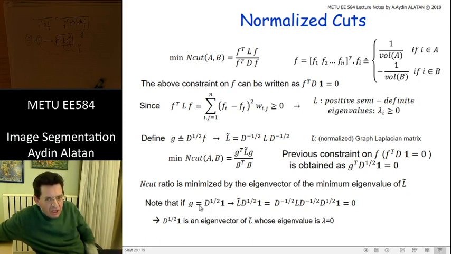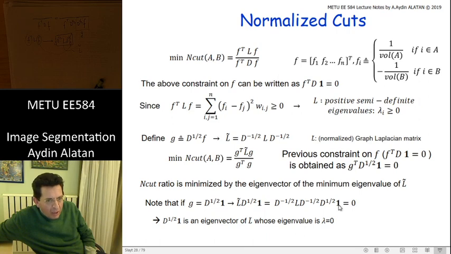Instead of G, write it as L tilde D square root times 1, okay? Now, if you look at this term, you will have that L tilde can be written from this notation. Therefore, this thing is equal to this one. D^(-1/2) times D^(1/2) is identity.